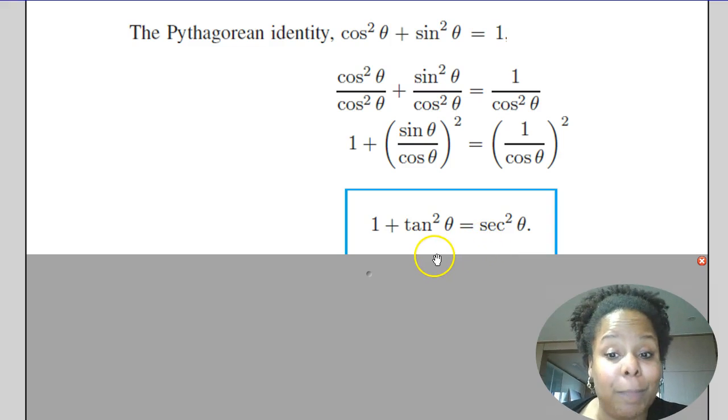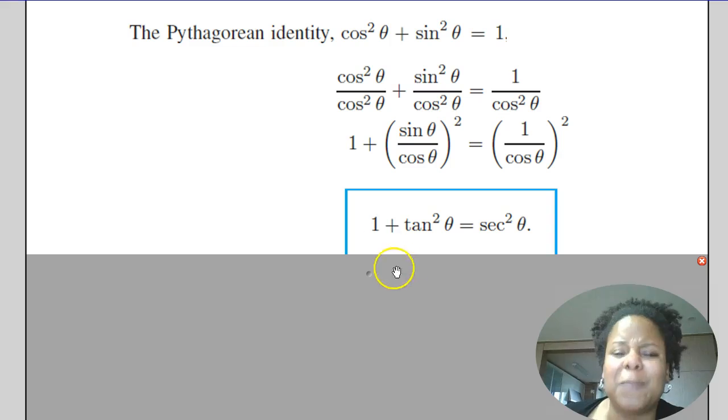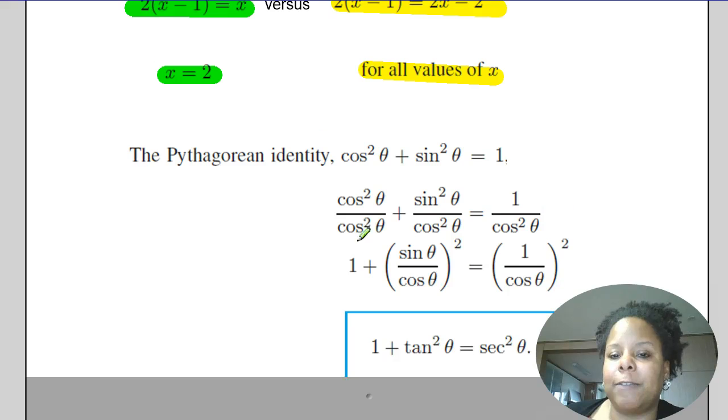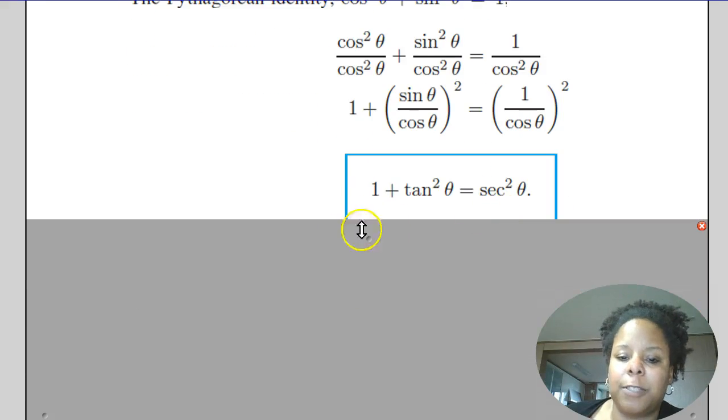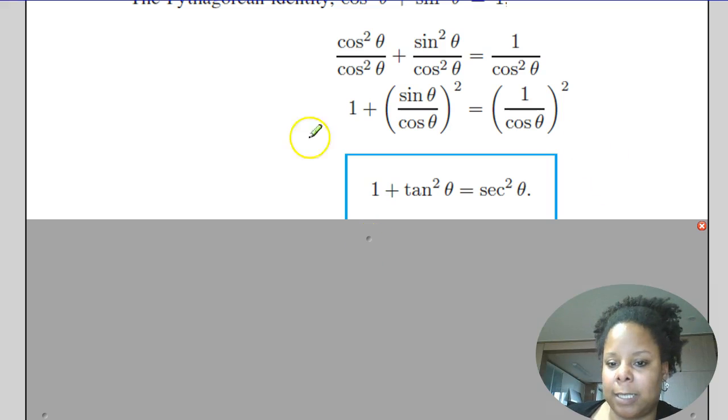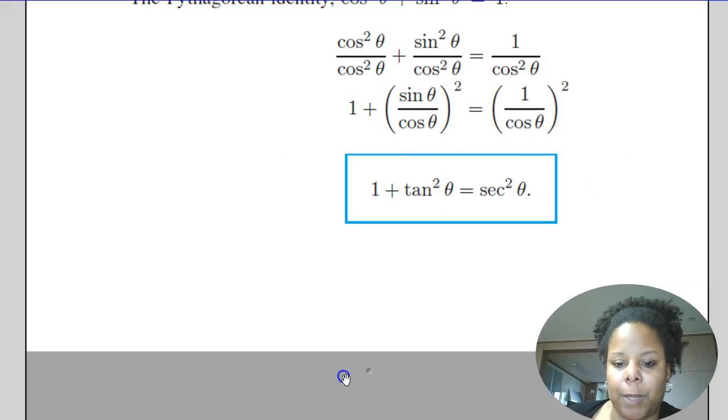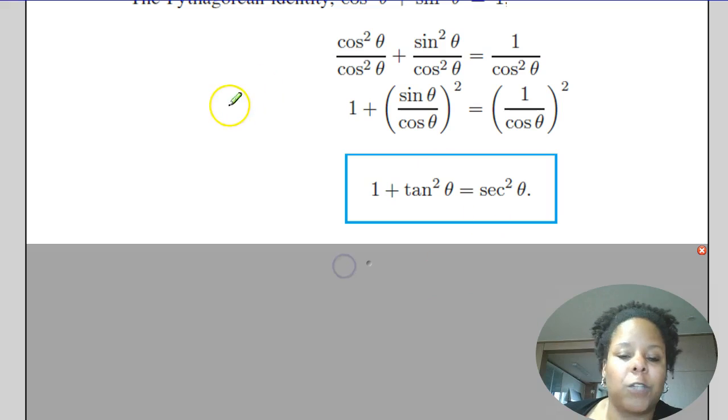That's an identity you need to memorize. If it's in a blue box, you need to memorize that. Okay? And even if you can't memorize it, if you start off with the Pythagorean identity and divide both sides by cosine squared, you'll get the same resulting situation. All right, and this works for whatever theta that you have.